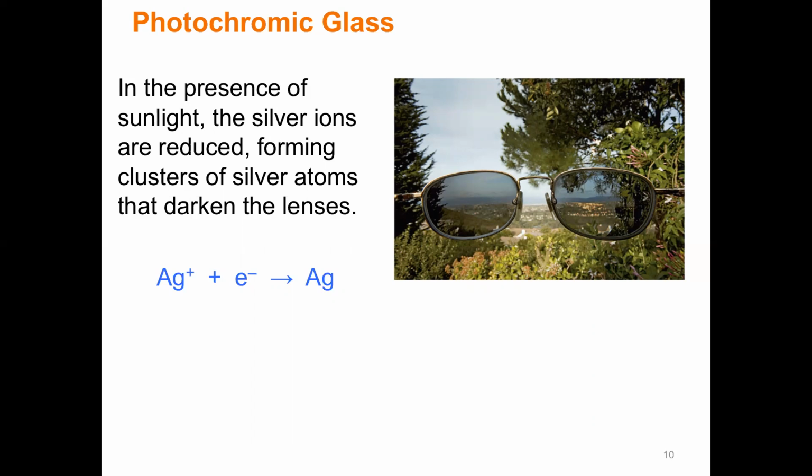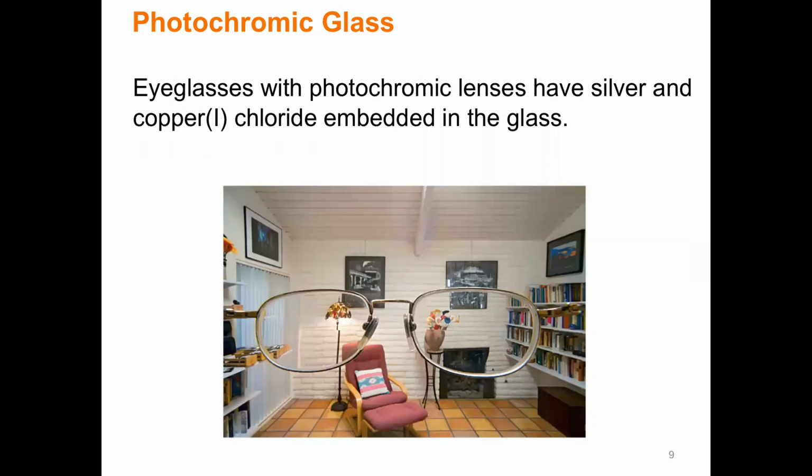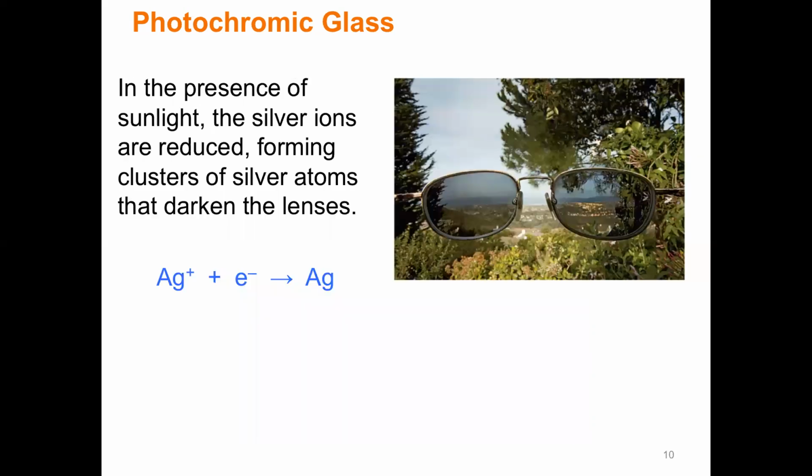What's going to happen is that chloride, so you'd have this copper 1 chloride, and if you look on your periodic table, chlorine is going to be -1 because it's in group 7.